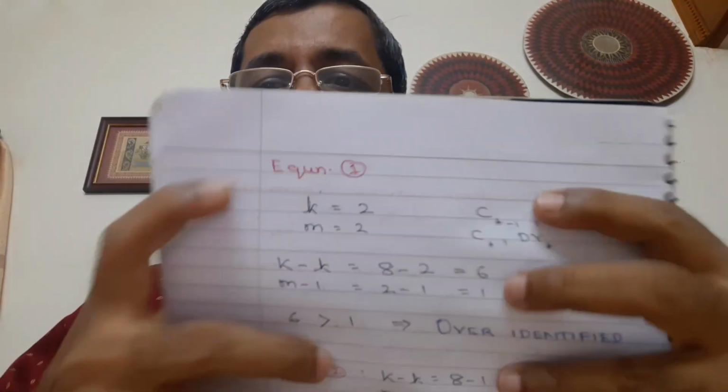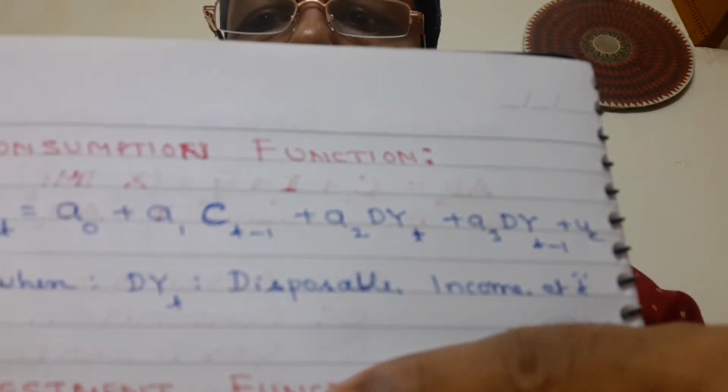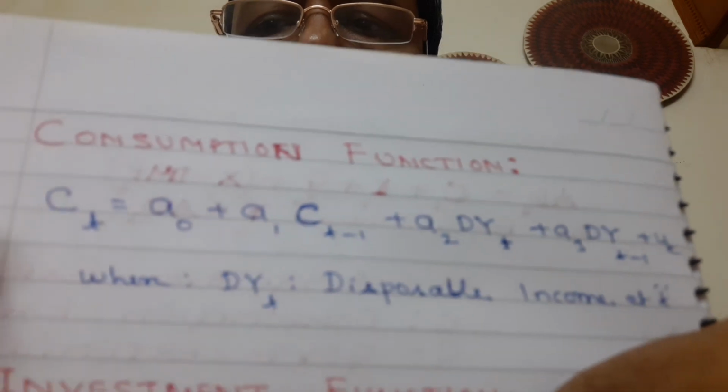So we'll now see how to apply these order conditions for these equations, 5 behavioral equations which we have in our model, and we'll try to estimate. Okay, so now let us come to the first equation, equation 1, which was our consumption function. So in the consumption function, you look at again what is small k here. Small k is the number of exogenous and predetermined variables.